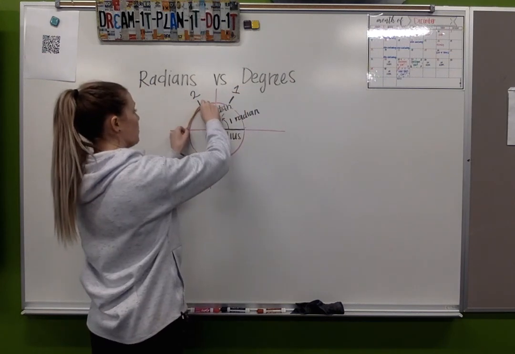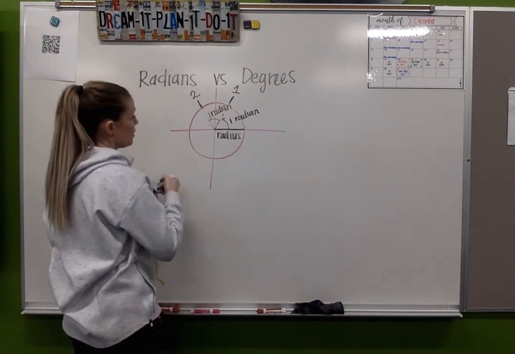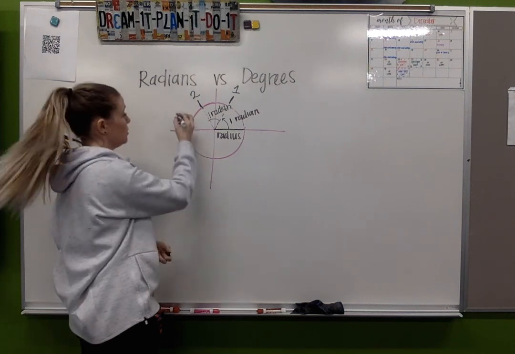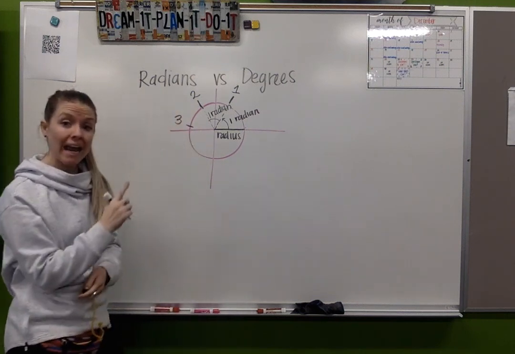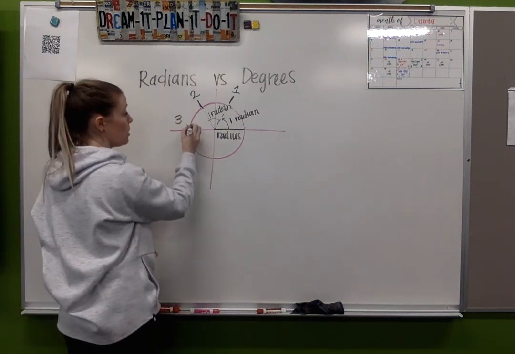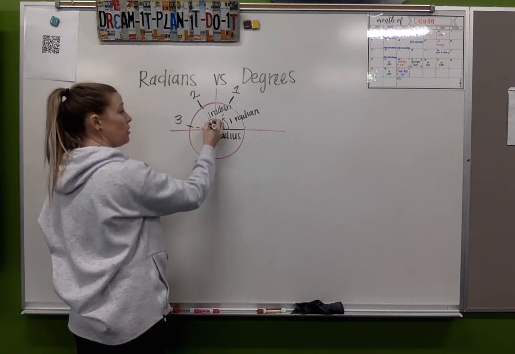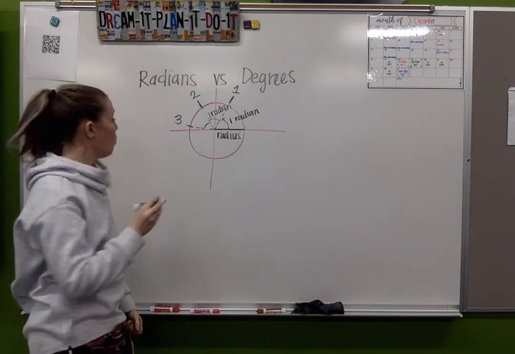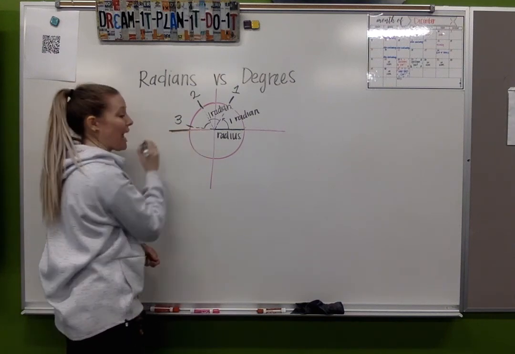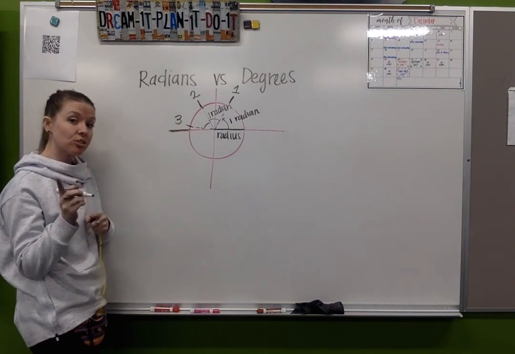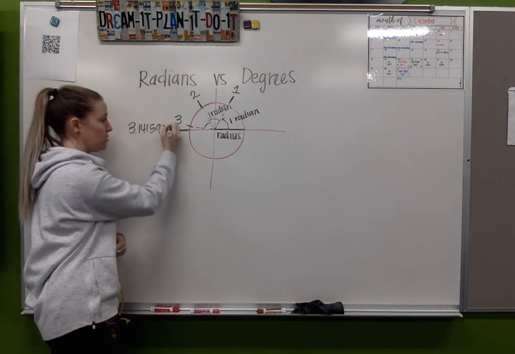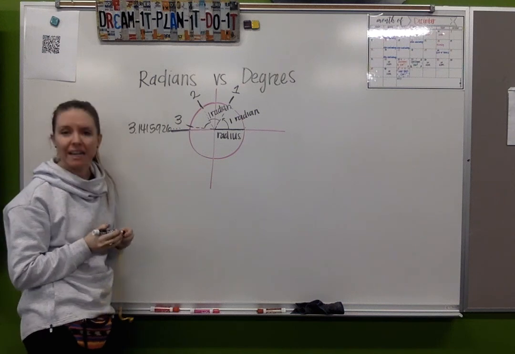Then I'm going to rotate, and my third is going to hit somewhere around here. It's not quite 180, but it's really close. And now I have 1, 2, 3 radians. When I hit this 180 mark, I actually have 3.1415926 blah, blah, blah radians.